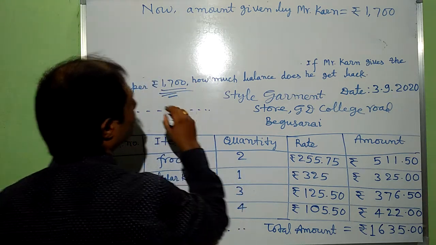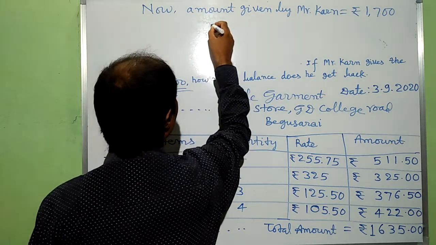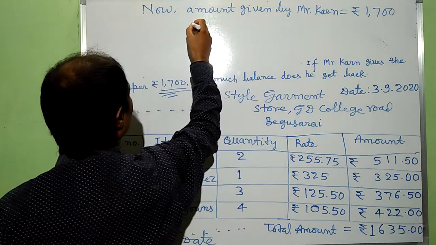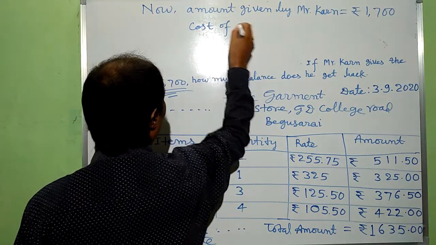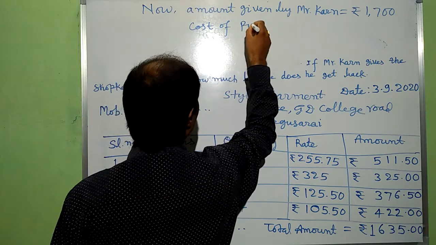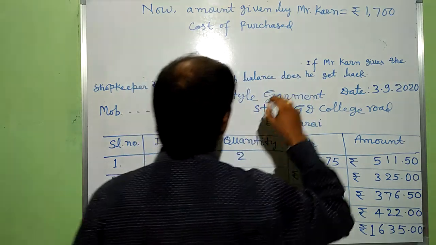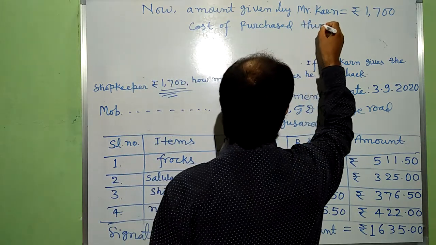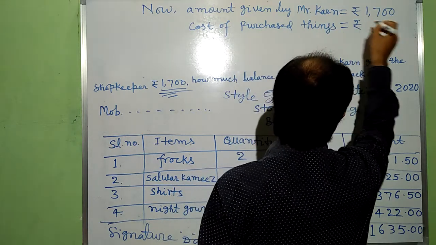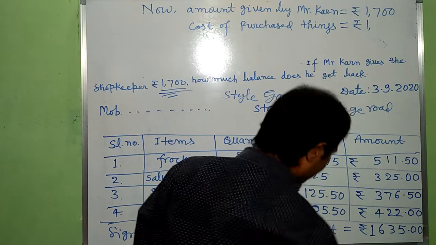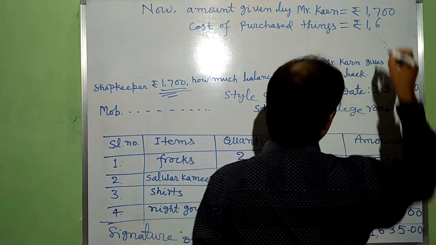This amount, the cost of purchased things, is calculated as rupees 1,635.